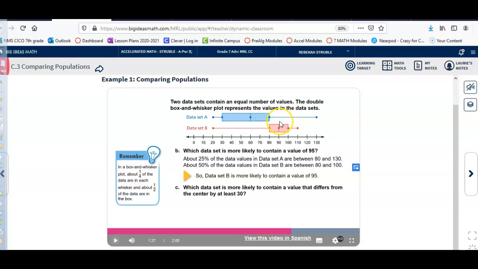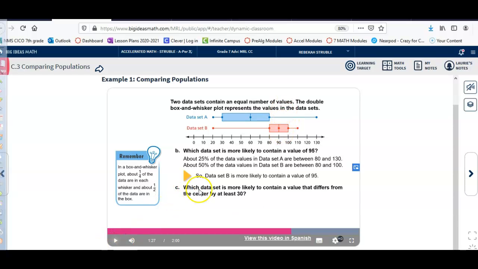Whereas here, 90 to 100, we don't necessarily know how many points are there. All we know is from 80 to 130 is 25% of our data. We have a better chance here. We have more percentage in data set A within this range, in this section of the box plot. So that's another way to look at it.